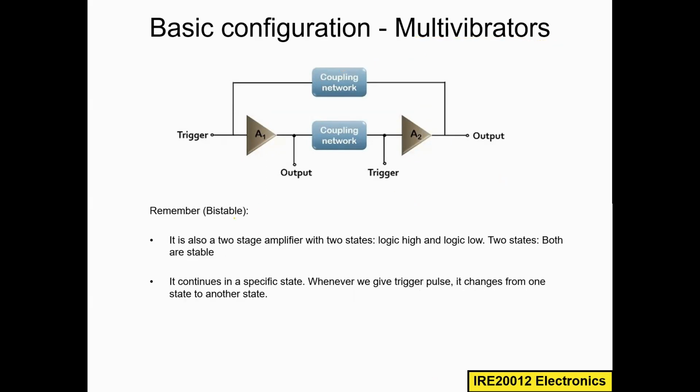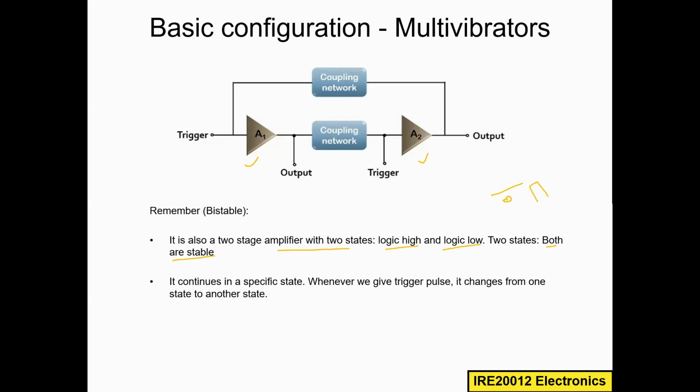Remember, the bistable multivibrator is also a two-stage amplifier with two states. We have two amplifiers and it produces two states, logic high or logic low, and both states are stable. For example, if the output is 0, it is stable.